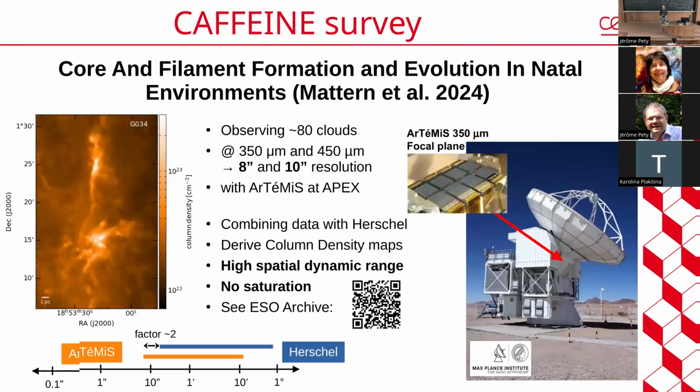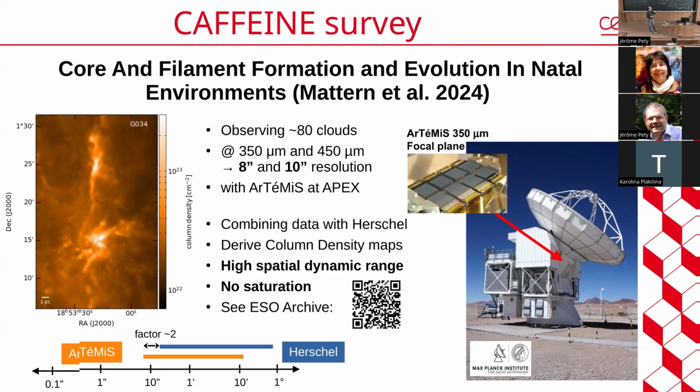The first approach, for which I originally came to Paris, was to work on the CAFFEINE survey, which used the ArTeMiS receiver, which is still at APEX, just not working currently. Here we get continuum observations at 8 and 10 arcsecond resolution. We can combine those with the Herschel maps, typically the Hi-GAL ones because it's the galactic plane.